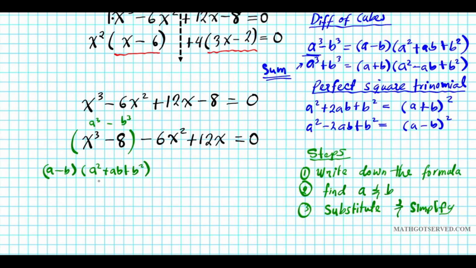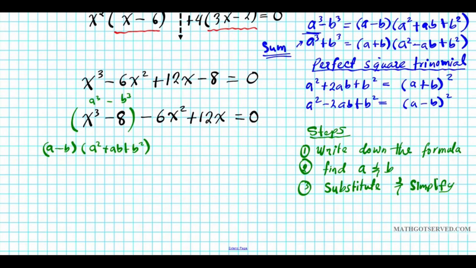We've written down the formula, although I broke it apart since I'll be filling the factors from underneath. Now let's find a and b. How do you find a and b? Now, x cubed and a cubed occupy the same spot, so we know that a cubed is equal to x cubed. That's the first term in the difference of cubes.